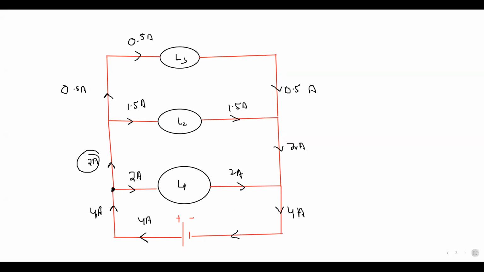Then you may have a circuit which is a combination of series and parallel, a mixed circuit. So if you have a combination of the series and parallel circuit, for example, this is a lamp.